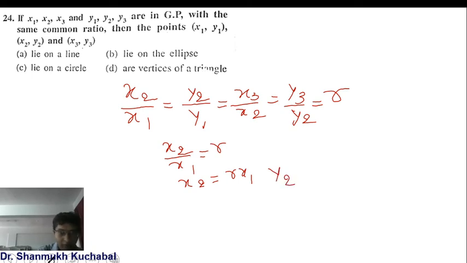Similarly y2 equals R times y1, x3 equals R times x2 and y3 equals R times y2.